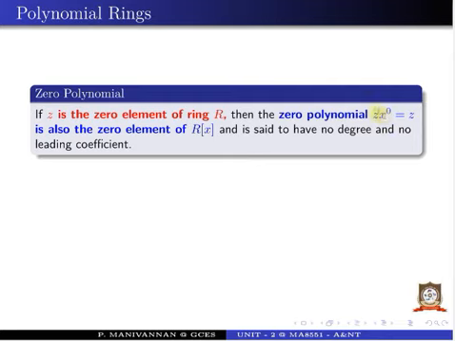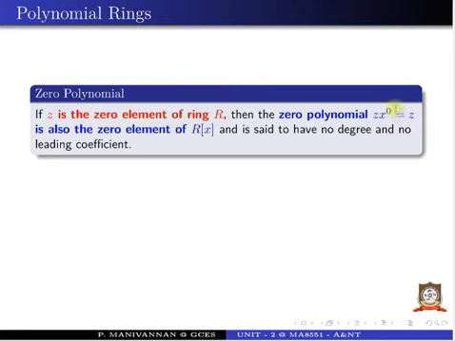In some rings, the zero element need not be 0, so we use the letter z for the zero element. So z into x power 0 equal to z is also the zero element of R of x and is said to have no degree.